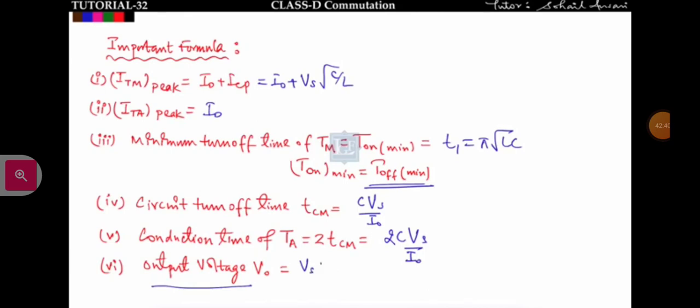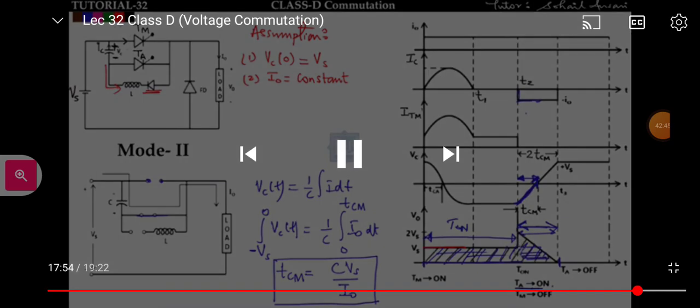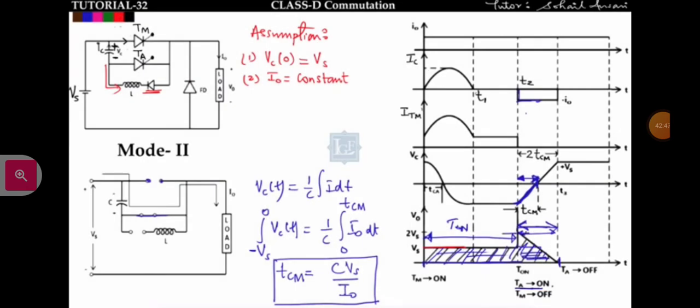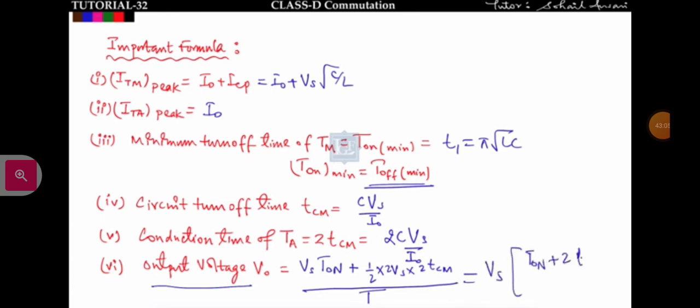So it will come out to be Vs into T on plus, this is a triangular waveform, so it will be 1 by 2 into 2 TCM, peak voltage, that is 2 Vs. So it will be equal to 1 by 2 into 2 Vs into 2 TCM upon total time T. So finally it will be equal to Vs into (T on plus 2 TCM) upon T. This is the average output voltage in class D commutation.